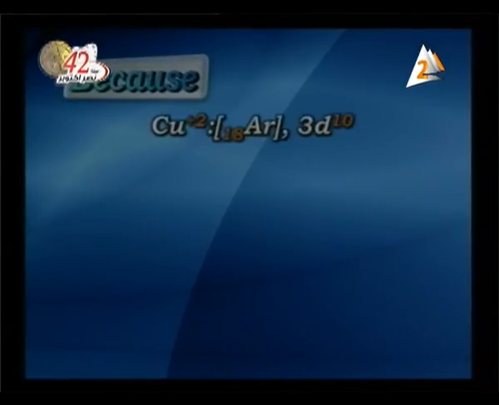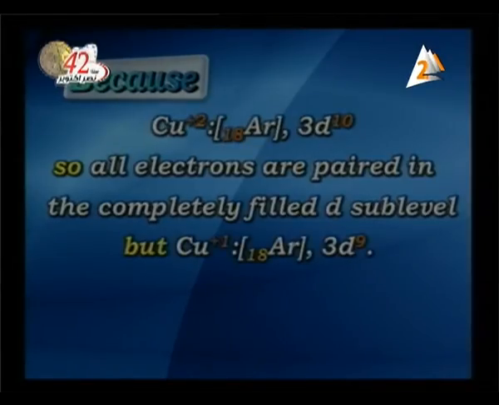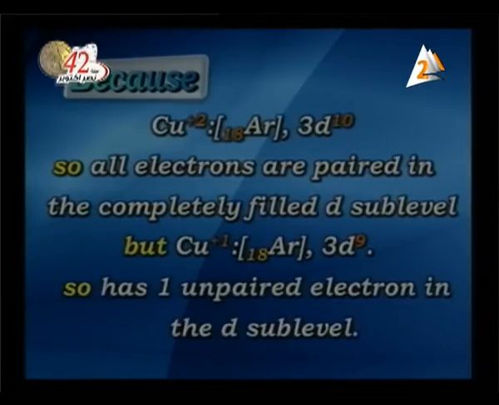So the reason for that: copper positive 1 is argon 18, 3d10, so no unpaired electrons in the d sublevel. So all electrons are paired in the completely filled d sublevel. But in copper positive 2, the electronic configuration is argon 18, 3d9, so having one unpaired electron in the d sublevel.